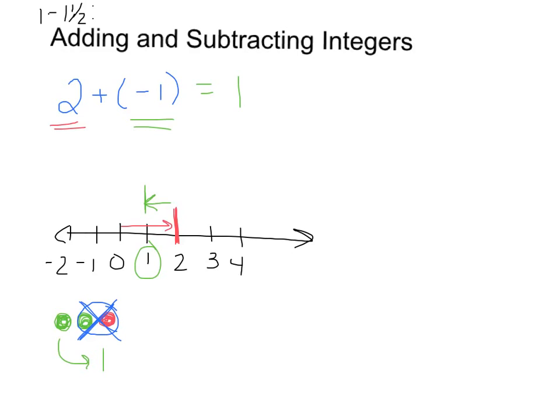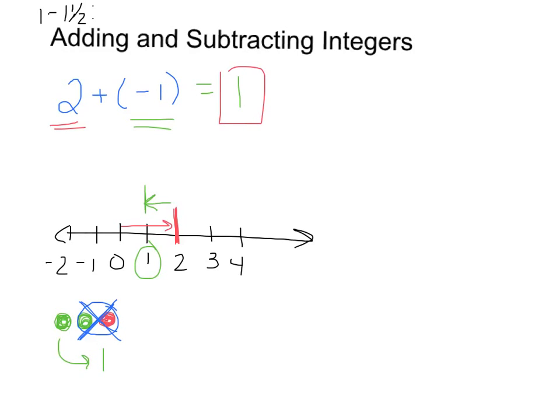I'm left with 1 positive. Eventually we want to get to thinking about money. If I have $2 and then I owe somebody $1, what do I need to do? Well, I need to pay up. So 2, and then I get rid of the $1 that I owe somebody, and I'm left with $1.